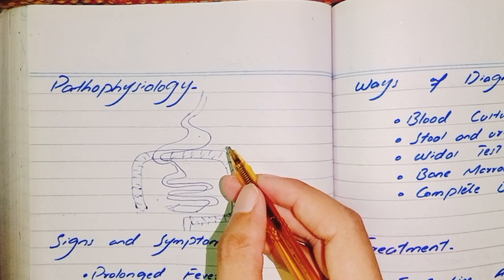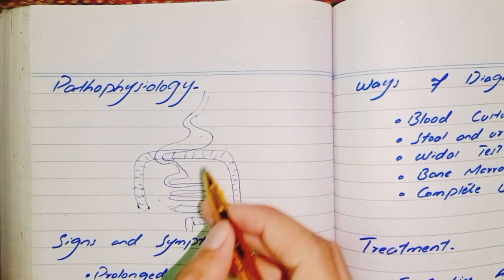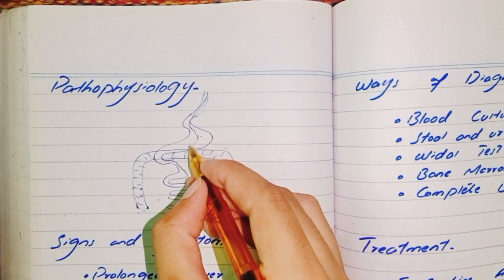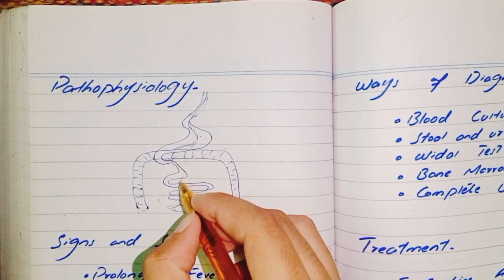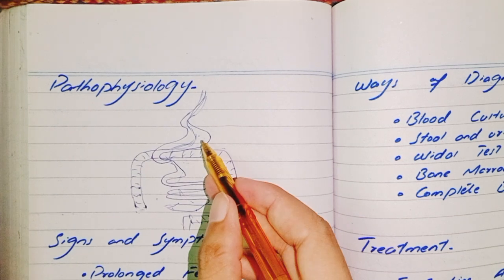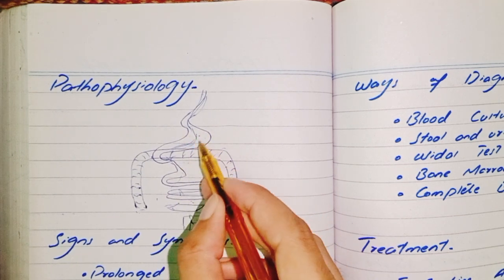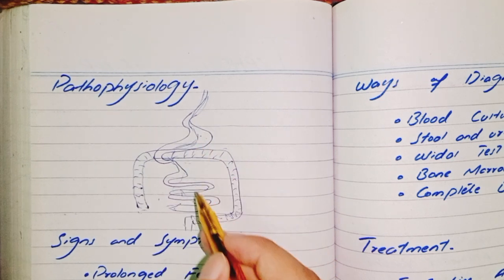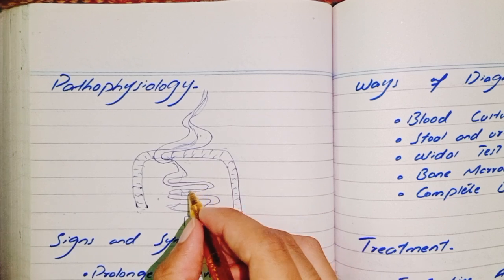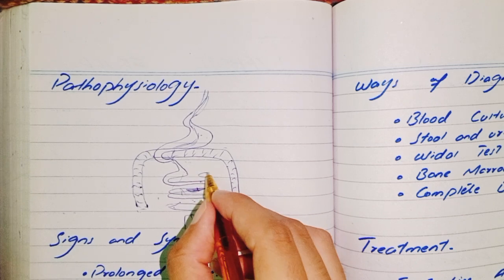After ingestion of contaminated food and water, Salmonella typhi bacteria passes through the stomach and enters our small intestine. The bacteria is acid resistant, so it cannot be destroyed by the acidic environment of our stomach. The bacteria then penetrate the intestinal wall and enter our bloodstream.